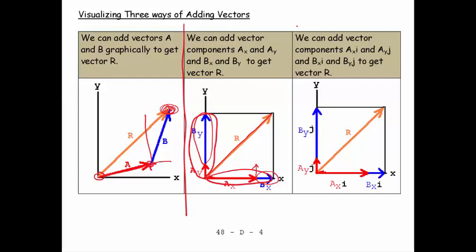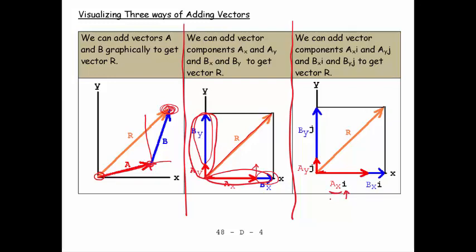Vector components work very well in 2 dimensions, but they get cumbersome in 3 dimensions. And so people introduced IJK notation. Basically, the idea is rather than saying here's a vector, oh by the way it's in the x direction, we say here's a vector, it's so many units long in the x direction.